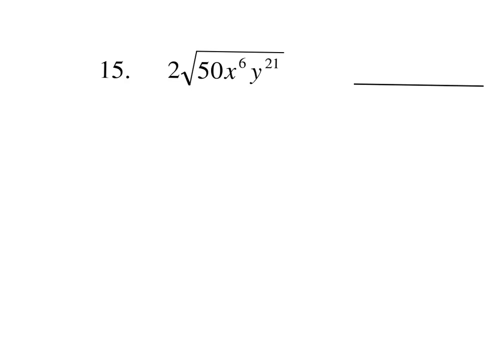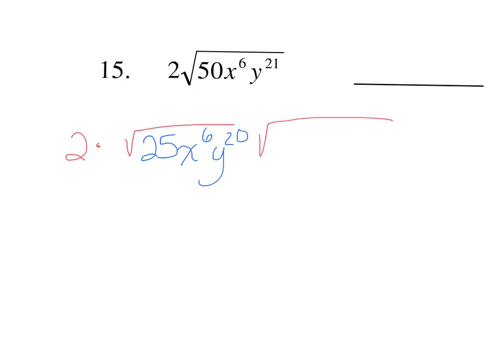All right, on number 15, this 2 is just going to get multiplied times anything that comes out of the perfects. Factor of 50, that's a perfect square, would be 25. The x to the 6, because 6 is an even number, it's a perfect square, so we can put the whole thing in the perfects. But the y to the 21 is an odd exponent, so we'll break it apart to be y to the 20 and 1 extra.